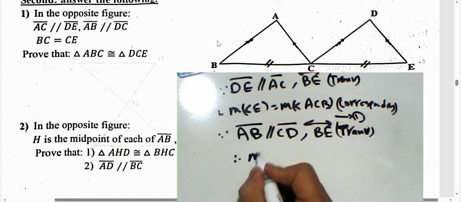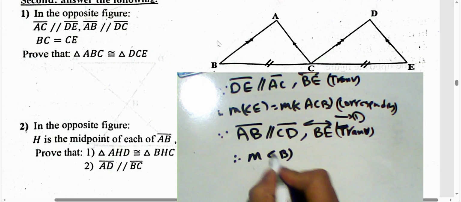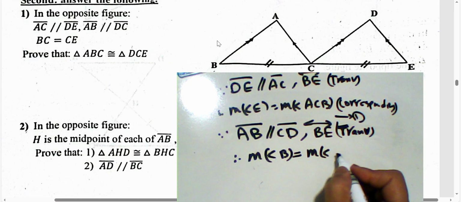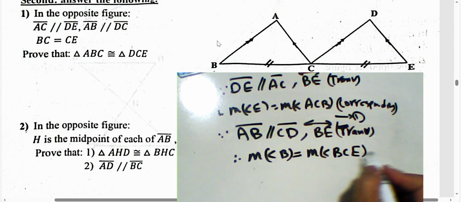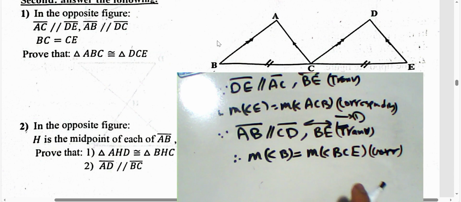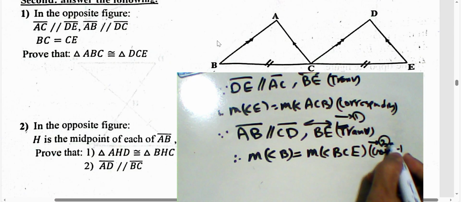Then the measure of angle P equals the measure of angle BCE. We call them corresponding angles also. Okay, corresponding angles. So it's condition number 2.